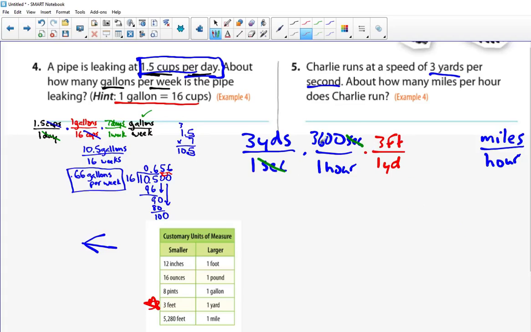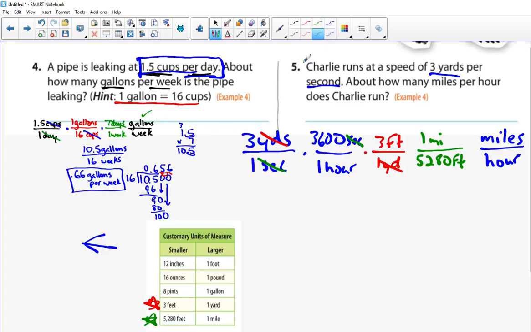Okay, and then now we don't have yards anymore. Now we have feet, and now we want to go from feet to miles. And feet to miles, that is something on our chart. That's right here. So we know 5,280 feet is 1 mile. Okay.